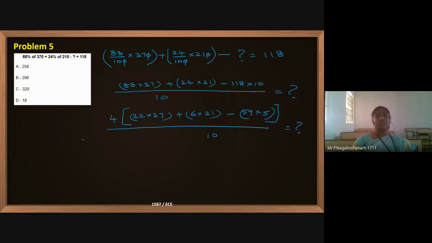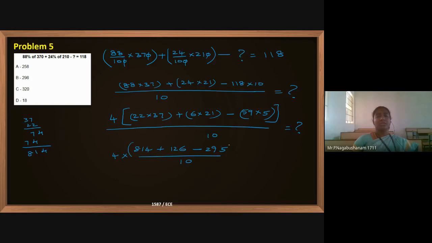Okay, so now 37 into 22 is 814. First term is 814, second term is 126, third term is 295, divided by 10, into 4. So 4 into this entire thing.